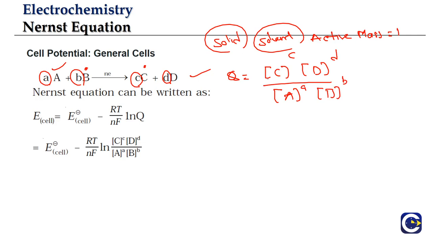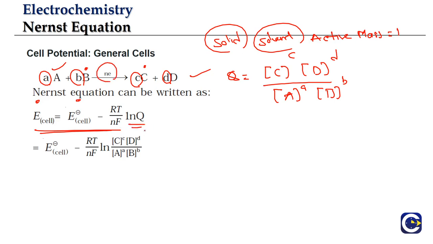If any of them is solid, we take the active mass of the substance to be equal to 1. If we write the Nernst equation for this, E cell will be equal to E naught cell minus RT by NF ln Q, where N is the number of electrons exchanged.